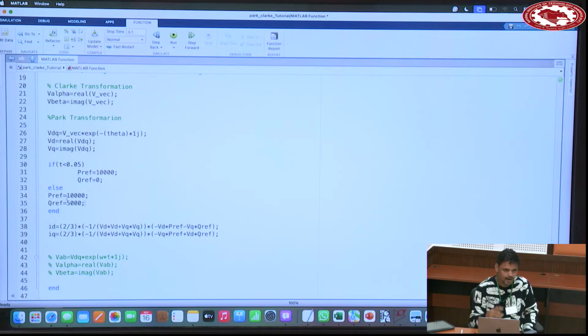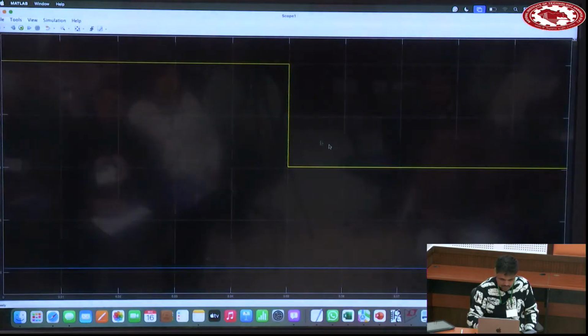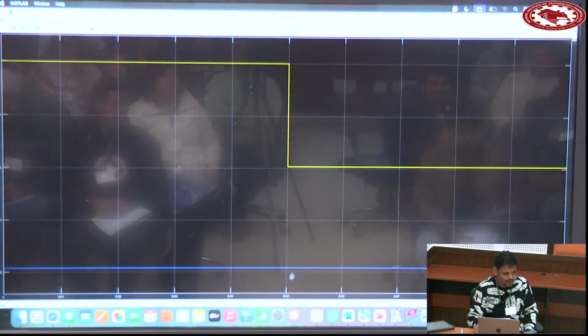So ideally there is no change in P, only a change in Q. If it is proper decoupling, because you have aligned in such a way that one component, Vd, is 0, there is no change seen when reactive power is changing. There is no change in Id. You can see the blue one is undisturbed.